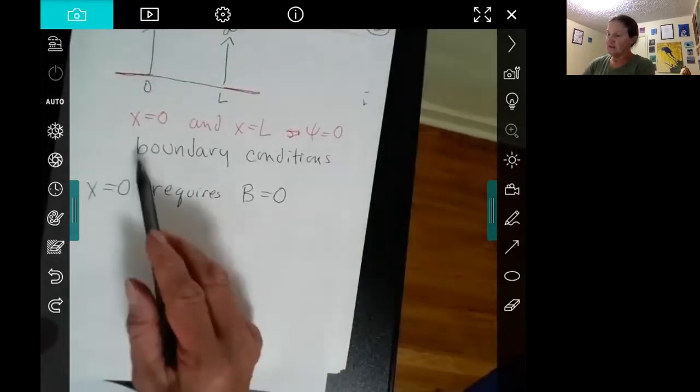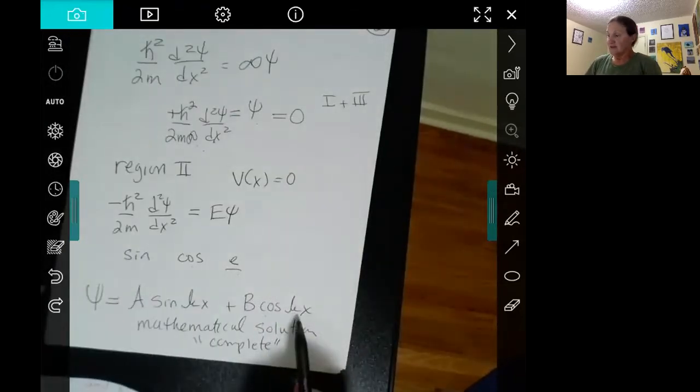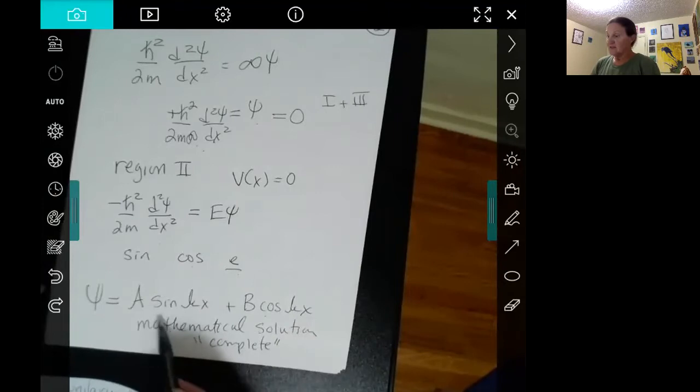So because cosine of 0 is 1, that means b has to be 0. We can't have the function with a value other than 0 when we reach x equals 0. Sine of 0 is 0, so that will work.